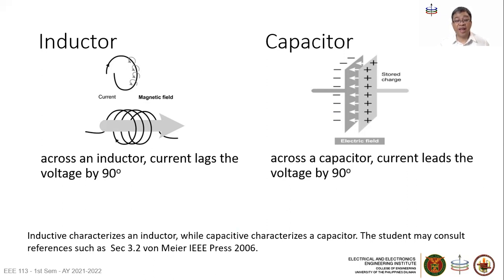Negative charges collect on the other plate. And then a strong electric field will be formed between the two plates. Such a device that exhibits capacitance is called a capacitor. Across a capacitor, current leads the voltage by 90 degrees.